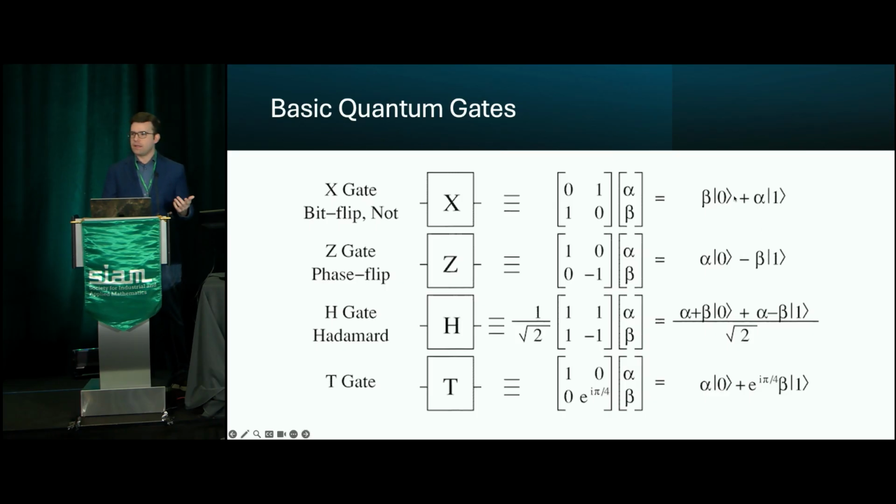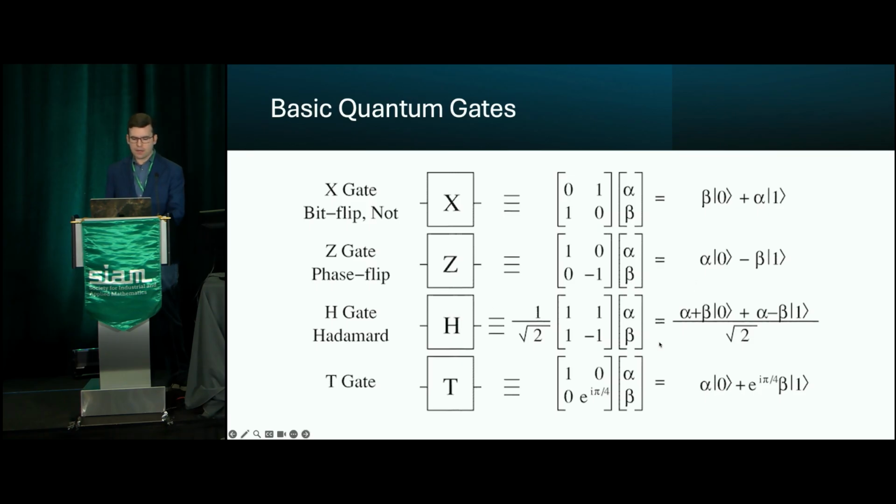In addition to manipulating just the magnitudes of the probability amplitudes, you can also adjust their phase, their sign, or their relative phases to each other. So for example, the Z gate, which is also called the phase flip gate, does exactly that. You'll have the same probability of measuring 0 or 1 here, but with these quantum states, you have this extra degree of freedom, which is the phase of each of these coefficients.